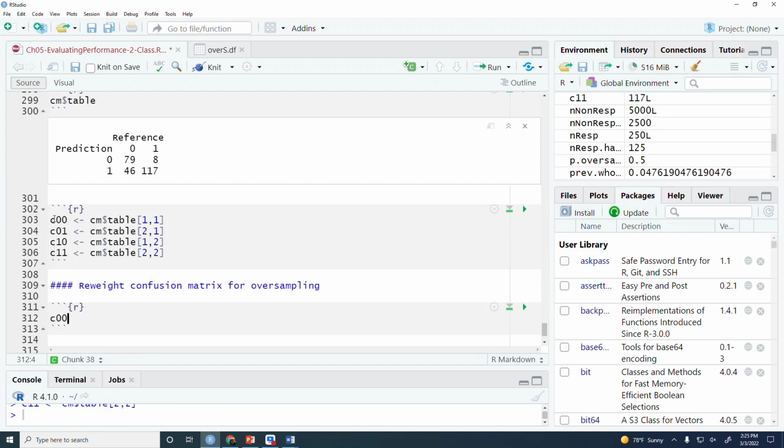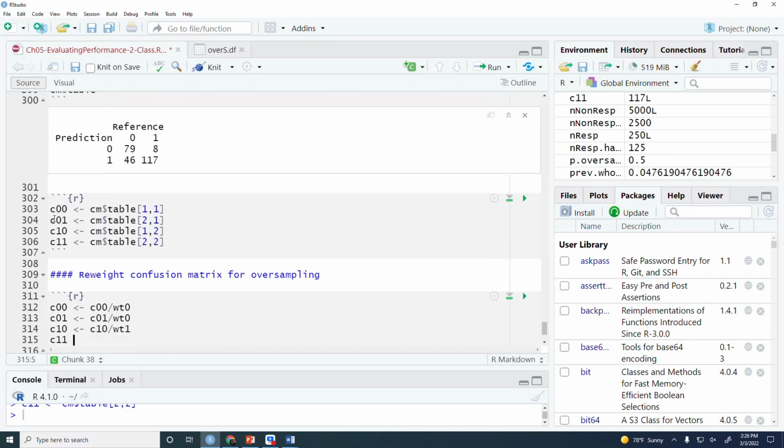So our new C00 is going to be C00 divided by the weight for 0. Now C01 would be C01, again also divided by the weight for 0. Now C10 would be C10 divided by the weight for 1, and C11 will be C11 divided by the weight for 1.